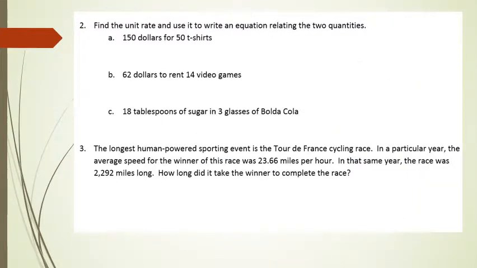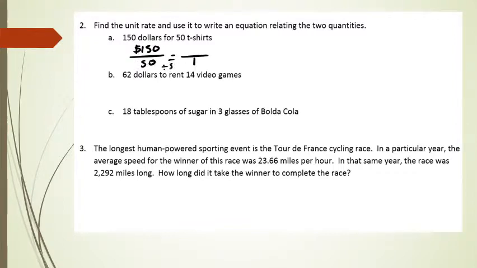Now we're going to find the unit rate and use it to write an equation relating the two quantities. So $150 for 50 t-shirts. Well, I might think about my unit rate here. Is it more likely that I'm going to say how many dollars per shirt or how many shirts per dollar? Well, usually we would say dollars per shirt. So if it's $150 for 50 shirts, what would the cost of one shirt be?